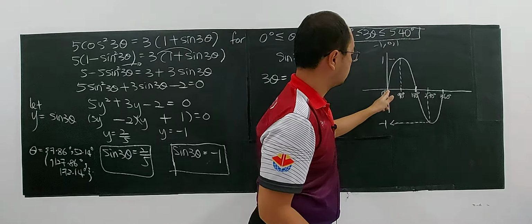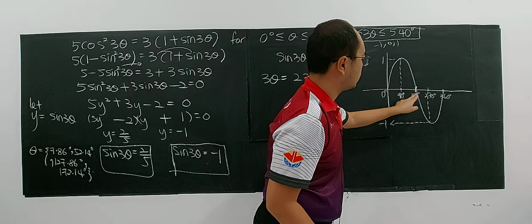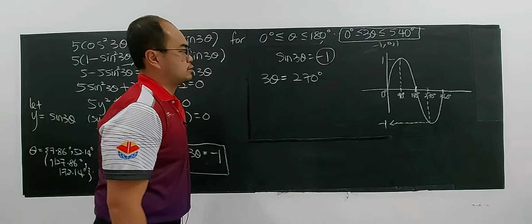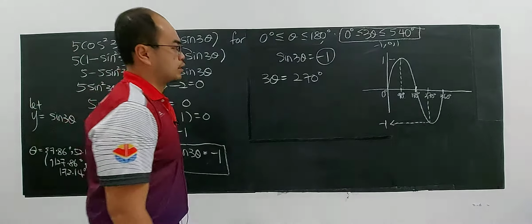There are no others. Only sine 270 will give you -1.